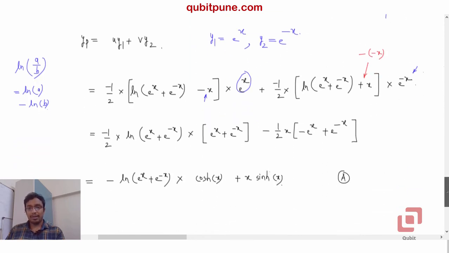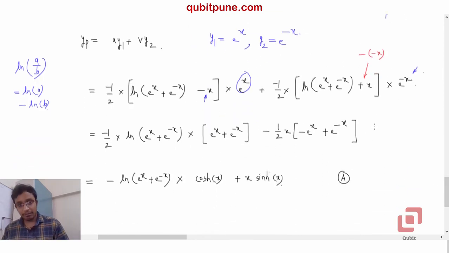Now we have got the answer, but it differs from the ones in the options. So you have to now find an equivalent version of this, and to get it, what I have done is I have taken log of e to the power x plus e to the power minus x common, of course with the minus 1 upon 2 which is present in both these terms.